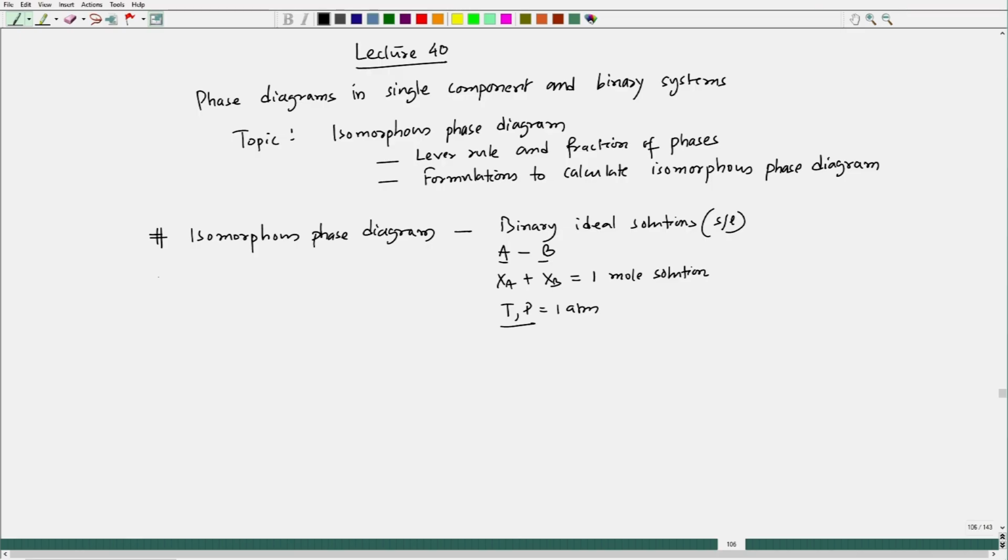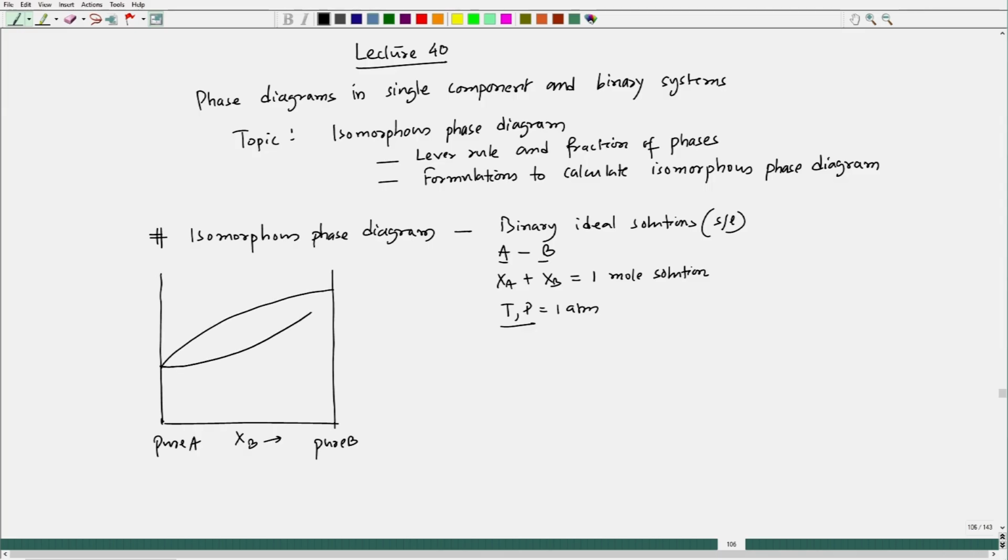Okay. So, once we do that, our diagram looks like this, which is a temperature composition plot. This is XB, pure B, pure A this side, and the diagram looks like this, widened like this a little bit. So, this is Tm A, melting point of A, and here we have the temperature axis and the composition axis.